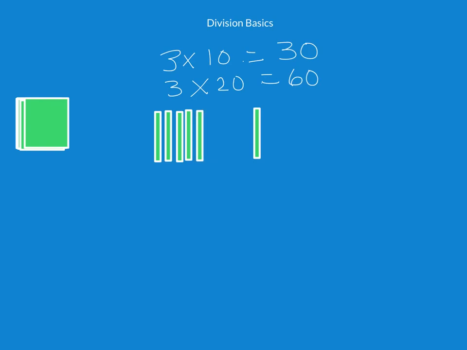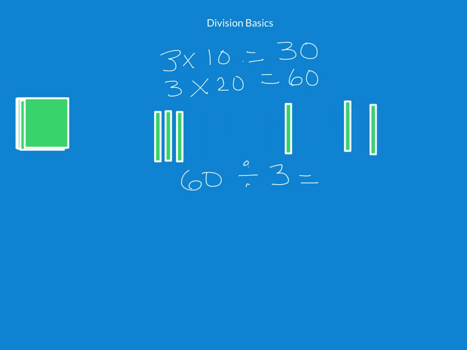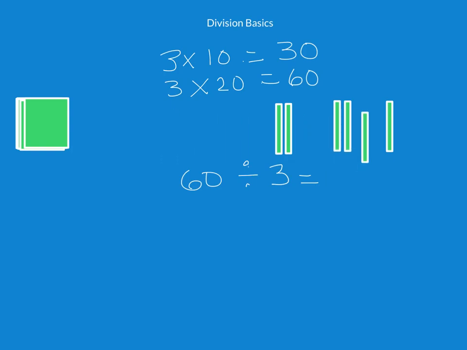So you would start with the 60, thinking of that as altogether, and 60 split into 3 groups would then of course be 1 ten for one group, 1 ten for another group, 1 ten for another group, the next one, 1 ten for one group, 1 ten for the second group, and 1 ten for the third group.